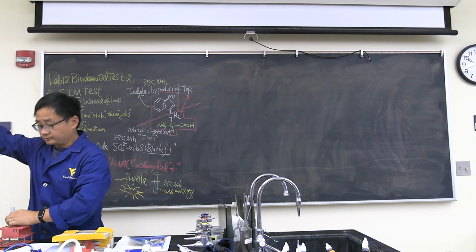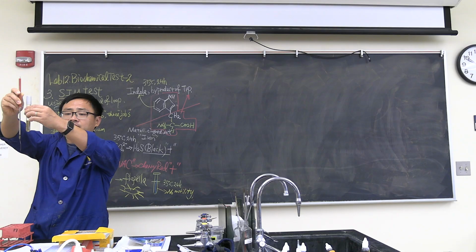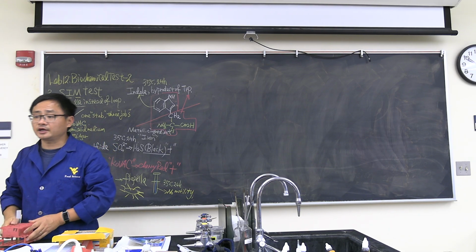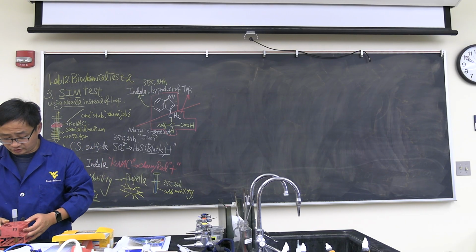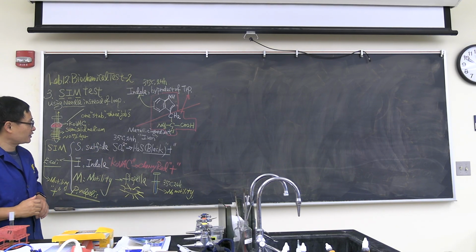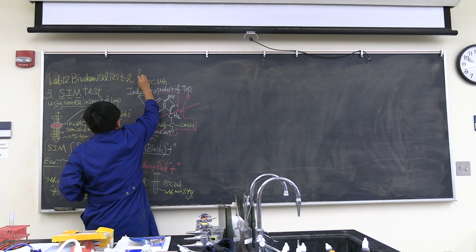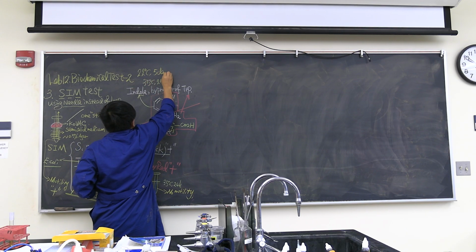And then very gently, a straight stab down, stab out. Right in the middle. Then we will just put it on your tray to do the incubation for 5 days. So instead of 35 degrees for 24 hours, we're all going to do 22 degrees Celsius for 5 days today.